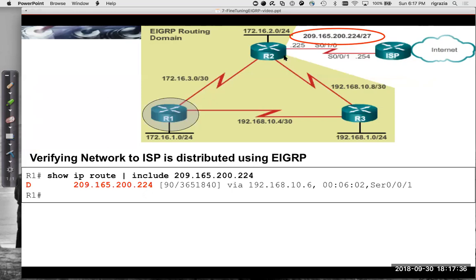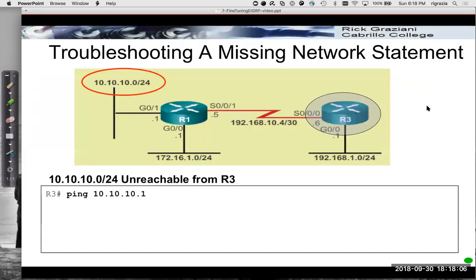But since this is a passive interface, we're not sending the ISP any updates. Typically, you don't really need to include this link between R2 and the ISP in your routing updates. Usually, if you have a default static route on R2 and you propagate that, either by redistributing static or as a summary route into your routing domain, that should be good enough in most cases.